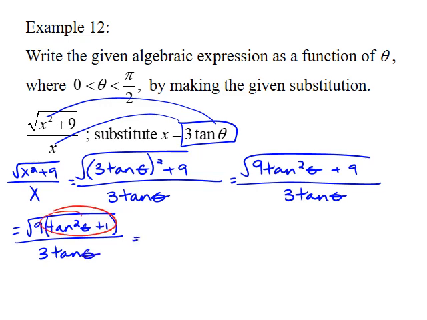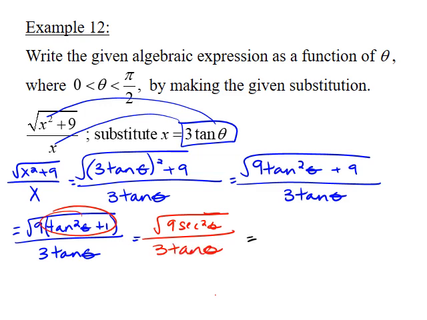Pythagorean identity here, this is secant squared. So I have the square root of 9 times secant squared, all over 3 tangent of theta.